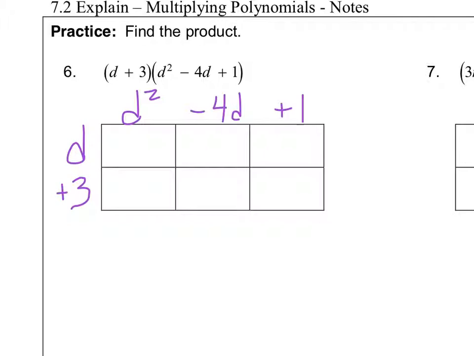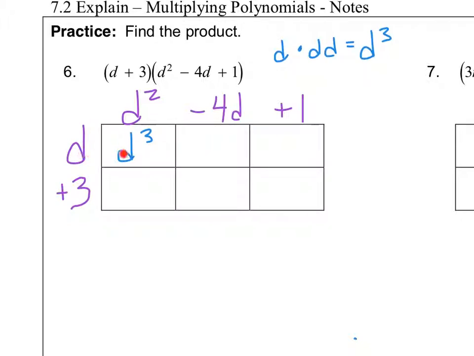So let's start with this first one, d times d squared. I'm just going to write this up here so you can kind of remember it. It's d times d squared equals d to the 3rd power. Okay, now I'm going to do this next box.